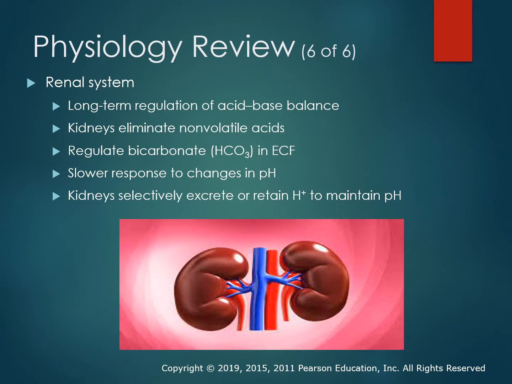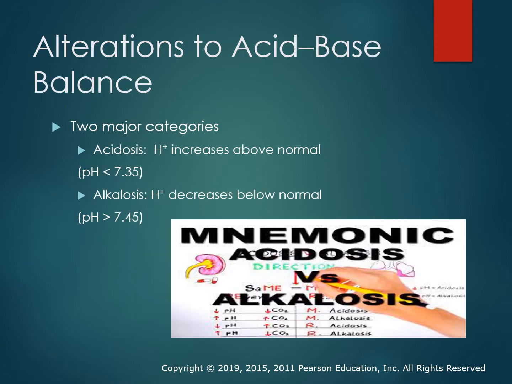In acidosis, when excess hydrogen ions are present and the pH falls, the kidneys excrete hydrogen ions and retain bicarbonate. In alkalosis, the kidneys retain hydrogen ions and excrete bicarbonate to restore acid-base balance. So through the process of filtration, the kidneys are going to help us maintain balance by working with these hydrogen ions to balance those out.